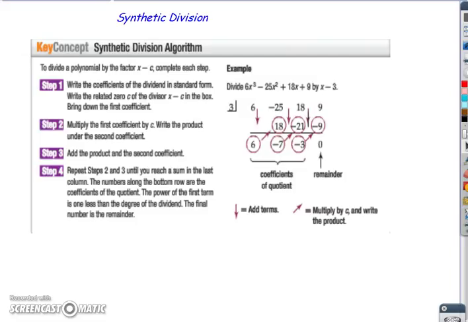Now, you take the thing you are dividing by, that binomial there, a binomial with a coefficient of 1, exponent 1. Whatever sign is right here, the opposite sign goes in your box there. And here's how it works. The first number you drop down, or add it to 0. Then you multiply by the number in the box, drag it up, add it, multiply it, drag it up, add it, multiply, drag it up, add it.